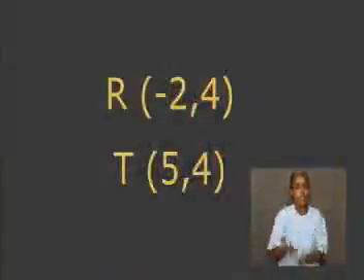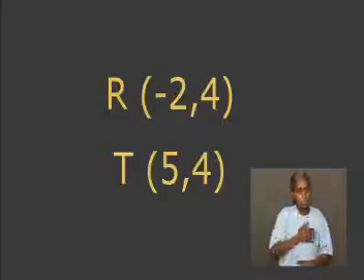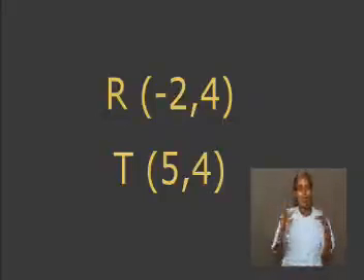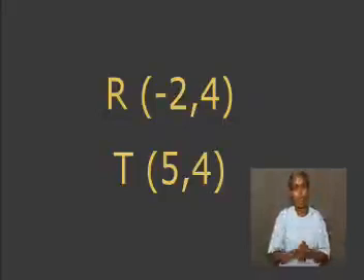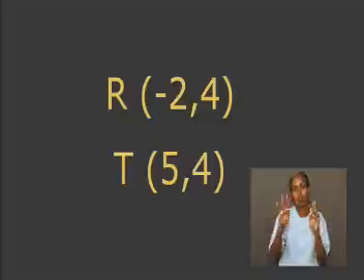Before we go any further in this lesson, let us do a simple review activity. Students, please draw a coordinate plane. Let R be a point at -2, 4, and T be a point at 5, 4.